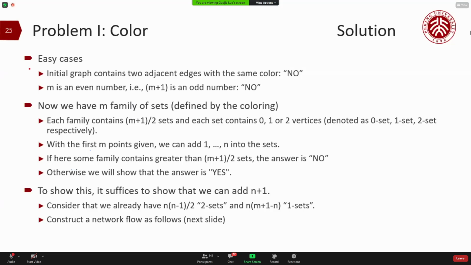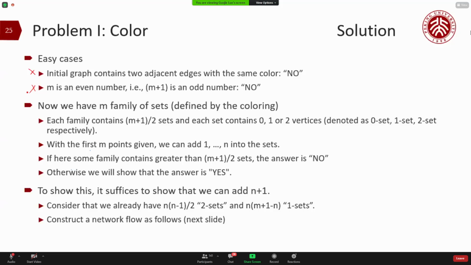For example, if the initial graph contains two adjacent edges with the same color, then we can directly print no. And if m is an even number, that is, the eventual complete graph has an odd number of vertices, then you can also print no, because in that case you cannot find an assignment where no adjacent edges have the same color.